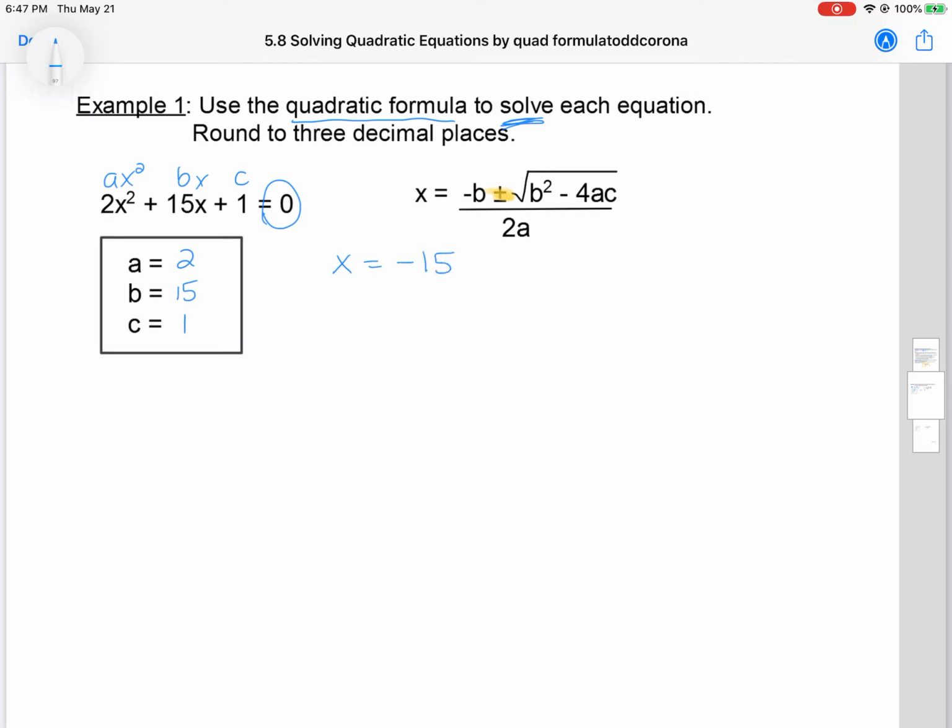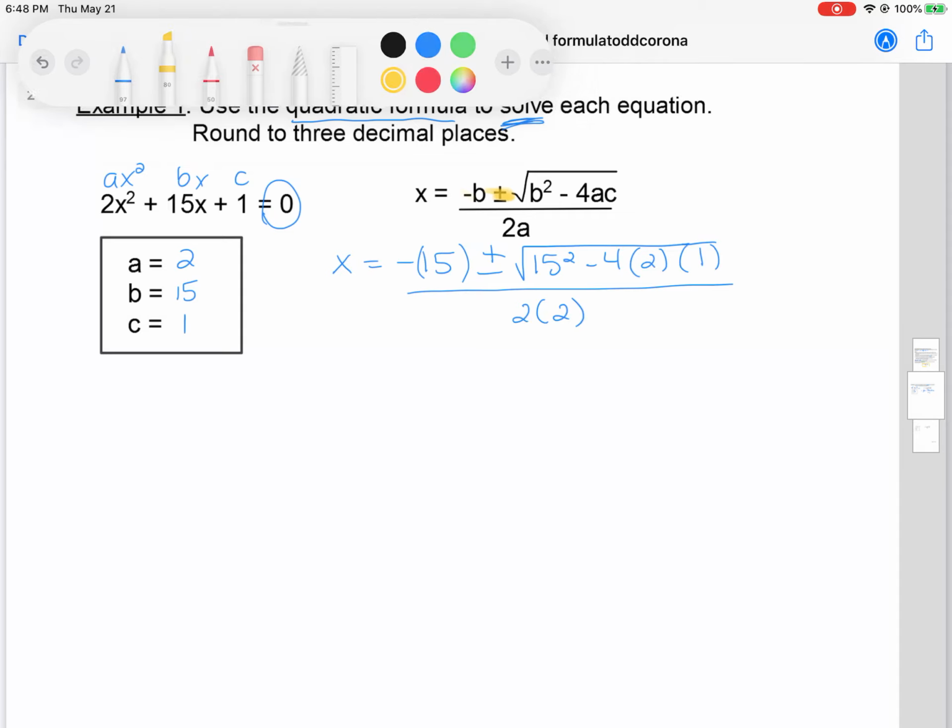Okay, so I'm going to plug this in. Negative b plus or minus the square root of b squared, 15 squared, minus 4, a is 2, c is 1, over 2a. So you might find that people will talk about some calculators doing the quadratic formula for you, but there are still little picky things about it that you have to know how to do.